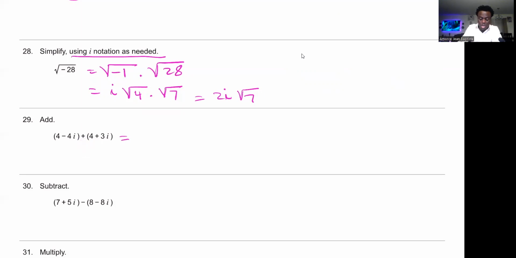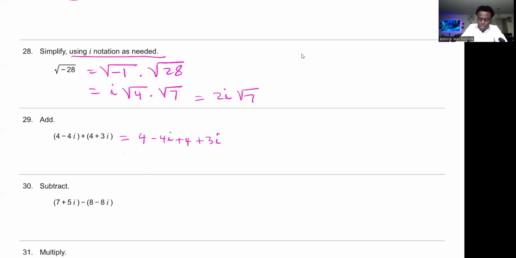Let's do that because they don't help at all. So 4 minus 4i plus 4 plus 3i. See, nothing changes. The only thing that changes is that these parentheses that we don't even need, I just remove them.